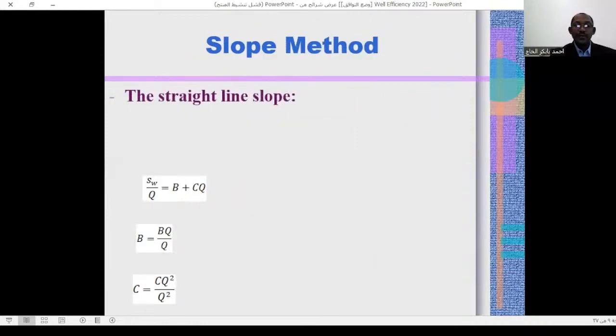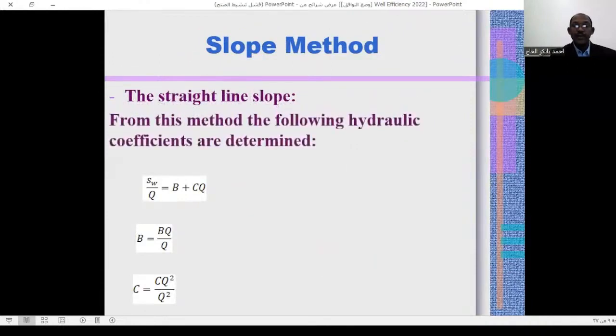Another method for estimating the well efficiency is called the slope method. Slope methods include straight line slope. From these methods, the following hydraulic coefficients are determined.